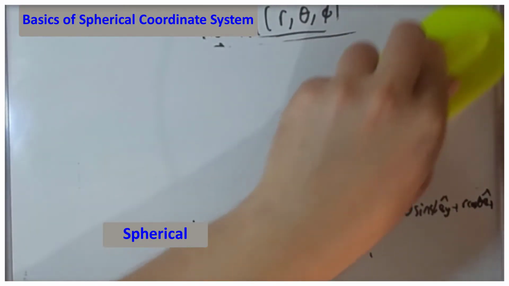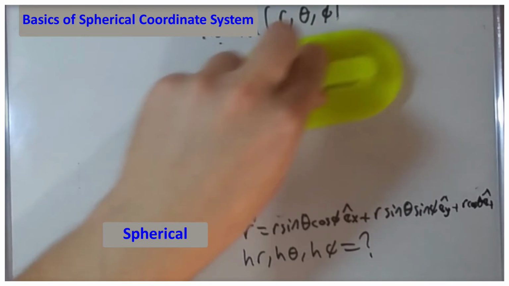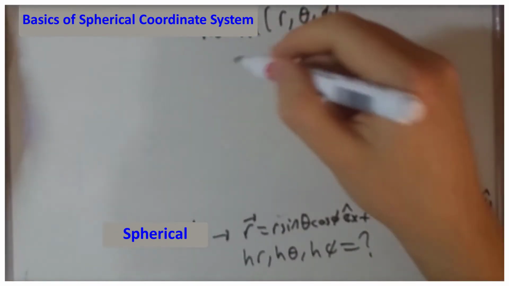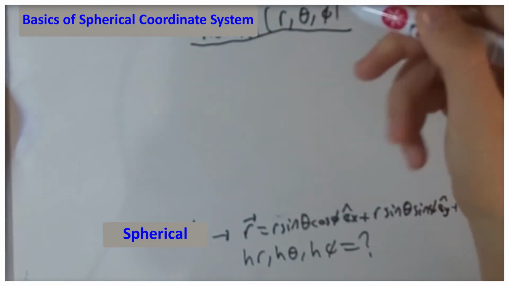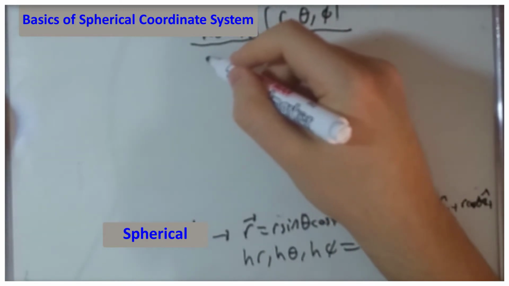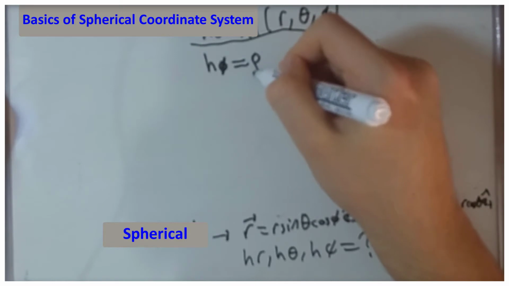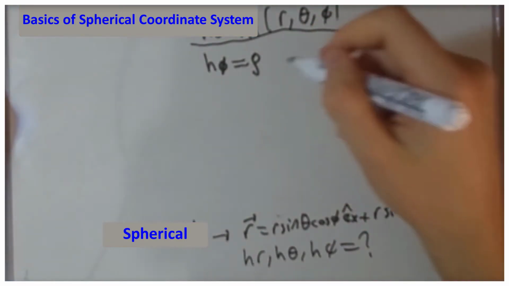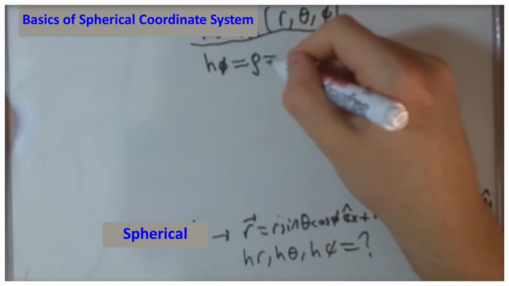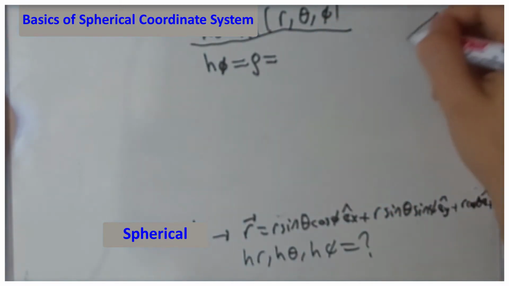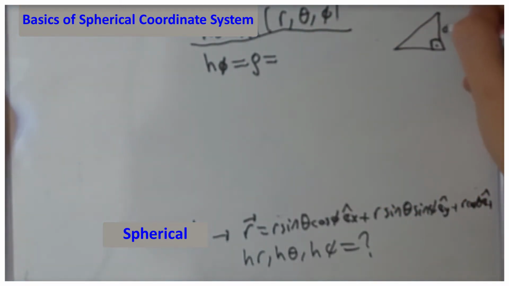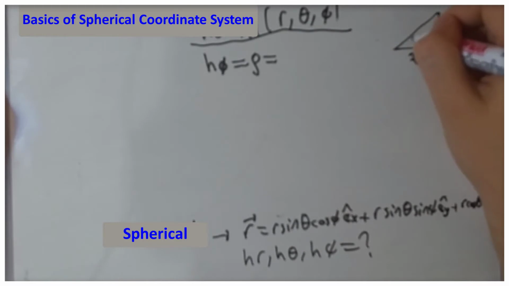Now, look guys, I will tell you something like this. I say what I expect to find before. Once we found h phi as rho in cylindrical coordinates, what had we just found rho as before? In a right triangle, it was here rho, here z, here r, here theta.